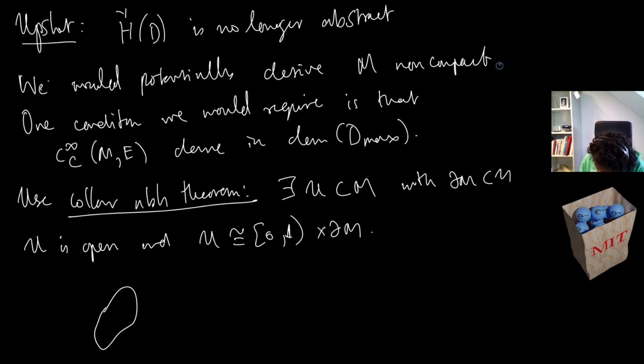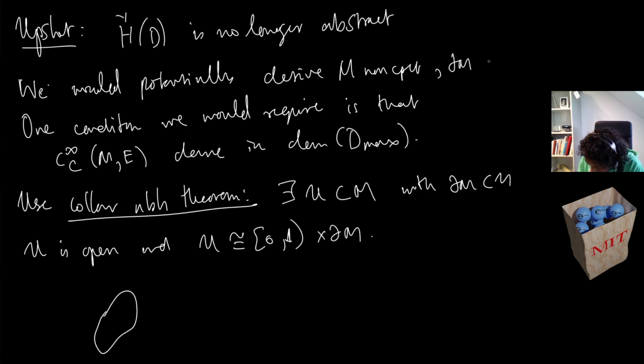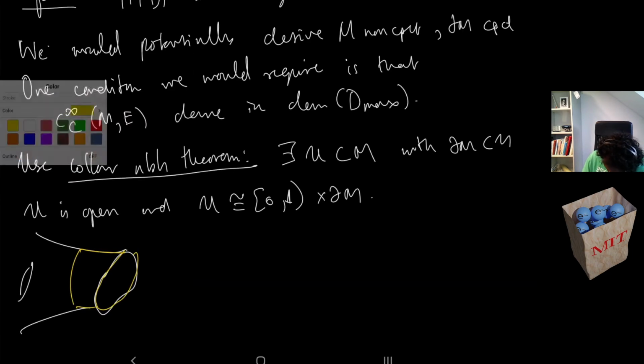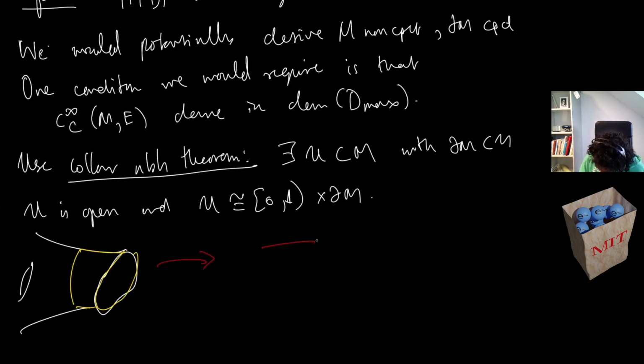I'll emphasize here, M is non-compact, but the boundary should still be compact, right? So this would be like an exterior region problem. What it's saying is that we have some neighborhood here, and then we would go into some cylinder. Okay, so this is not a metric deformation. This is purely topological, right?